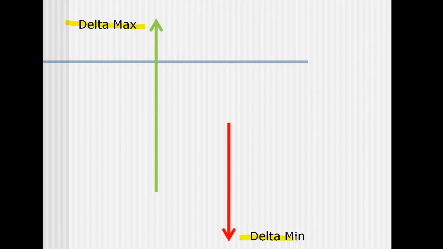What do we mean by that? Well, during the trading activity for that session, we reached a peak point. A maximum positive delta was reached, and a minimum negative delta was reached.